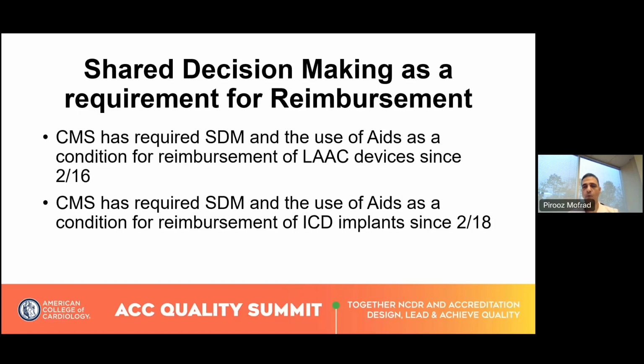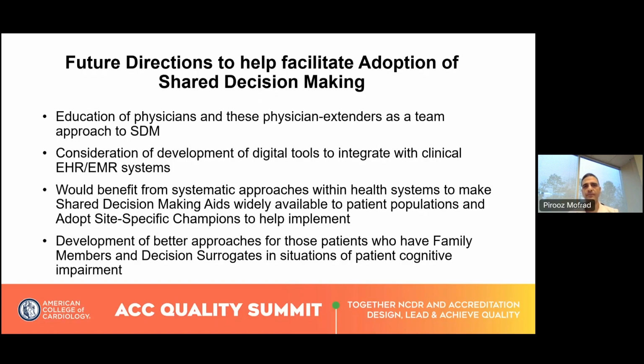It's just becoming more discussed and more prominent about the needs and the requirements that are out there per CMS. So how can we help adopt this, and what can institutions do to facilitate their own adoption and to make sure that documentation is performed, not just for their own reimbursement, but for the benefit of their patients?